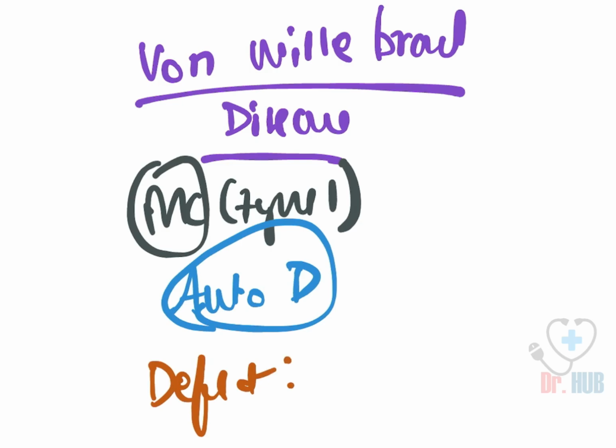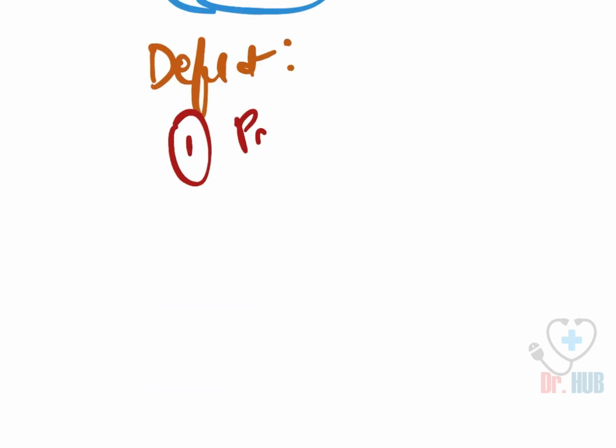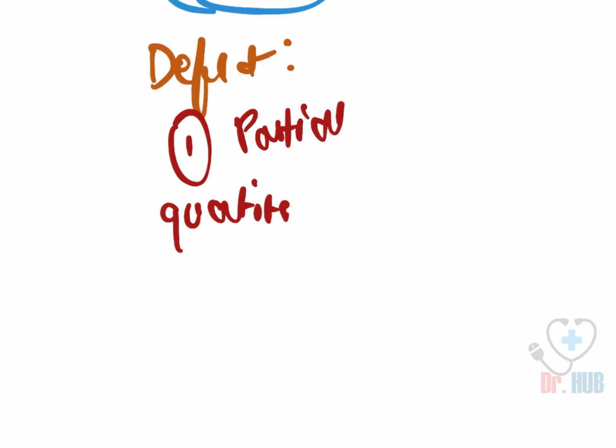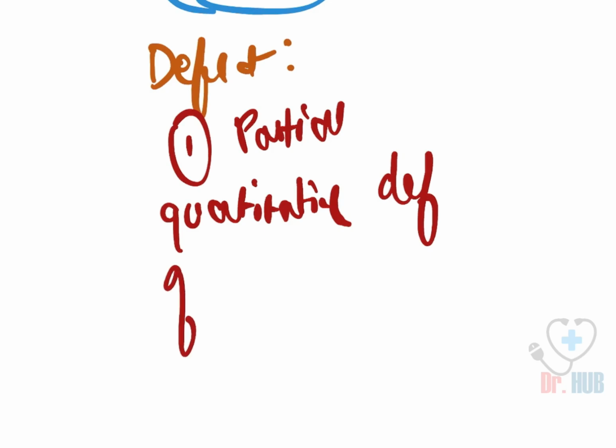So the defect is that in type 1, there is a partial quantitative deficiency of the von Willebrand factor.